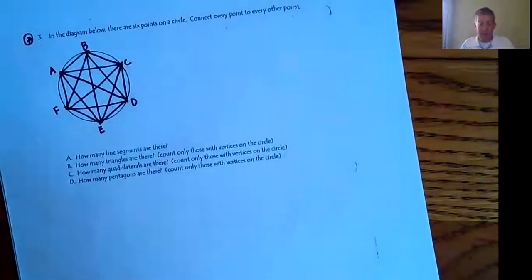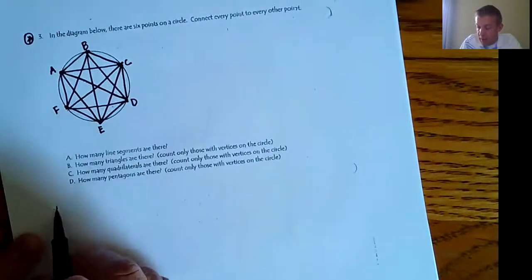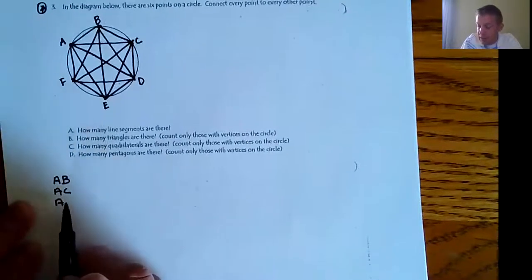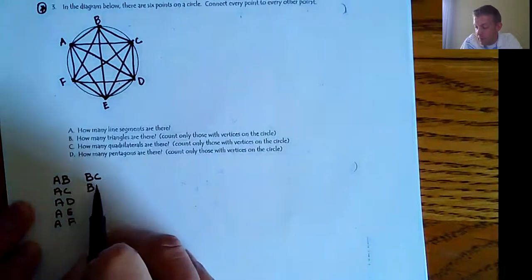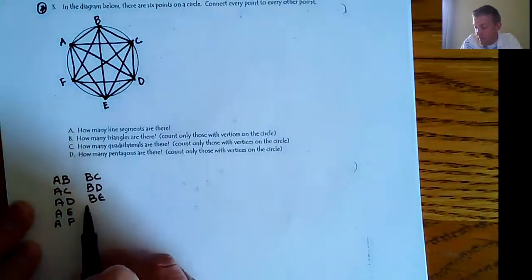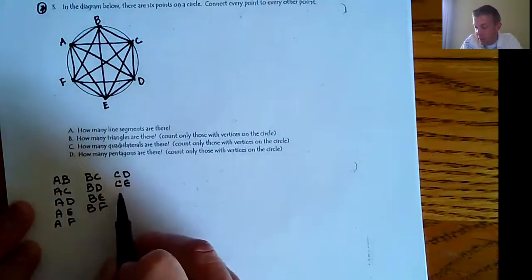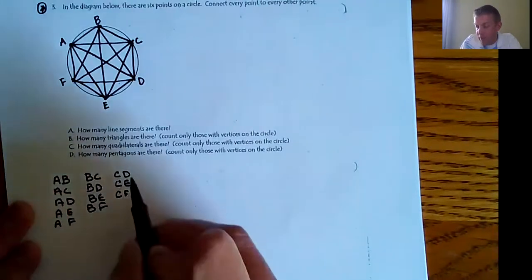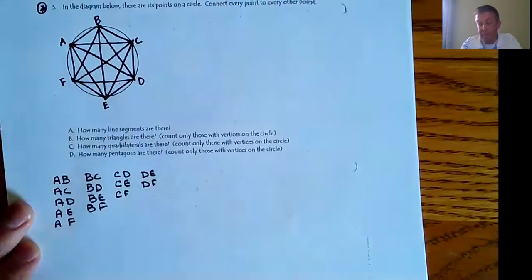Then number 3, like I said, is going to be a little bit more annoying just because of how many points there are. So if I was counting all the line segments, we've got AB, AC, AD, AE, AF, do all your B's, BC, BD, BE, BF, all your C's, CD, CE, CF, all your D's, DE, DF, and finally all your E's, EF.